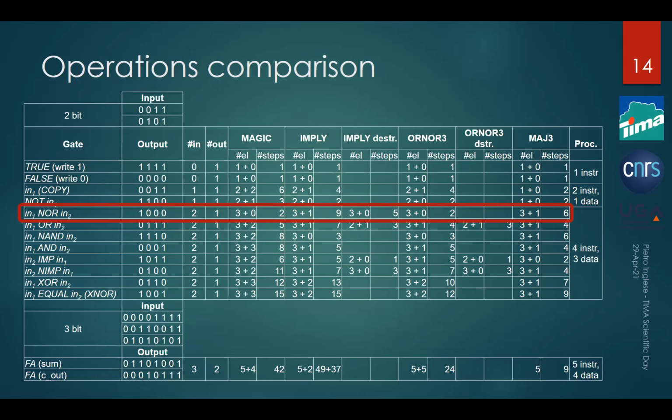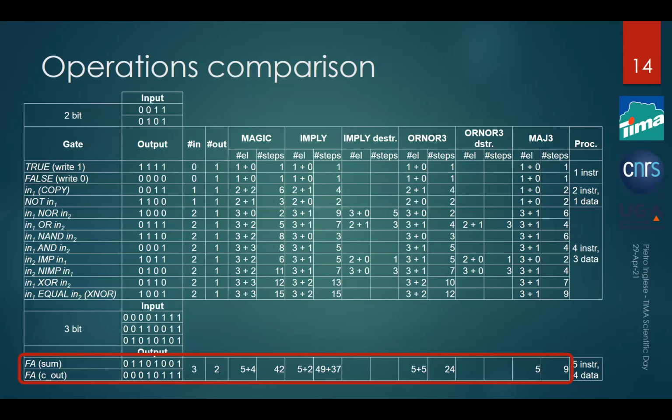The final benchmark can be done with the full adder. And as you can see here, the full adder needs a whole different number of steps and of elements, more steps than elements, regarding the operation that is executed and the solution that has been chosen.